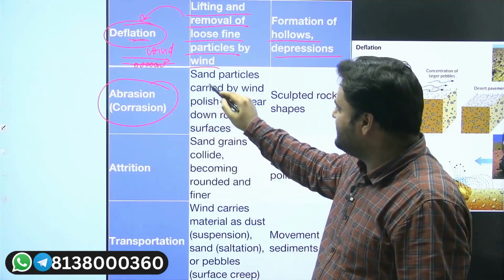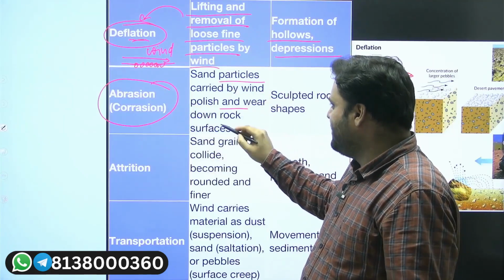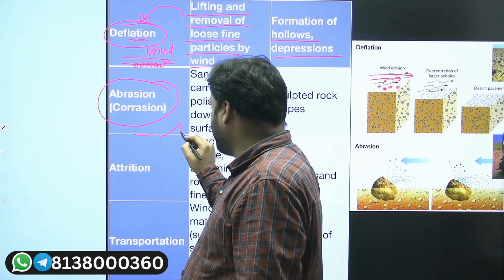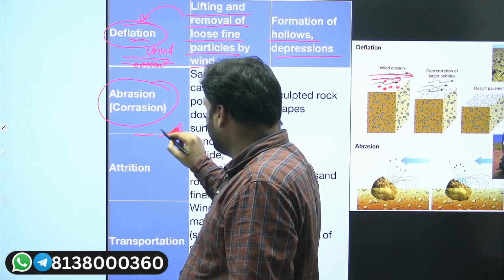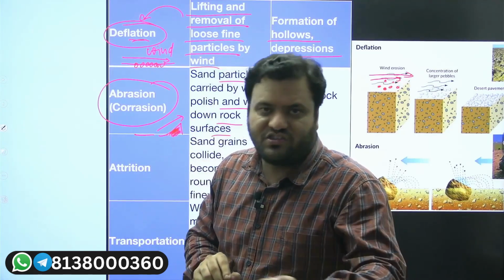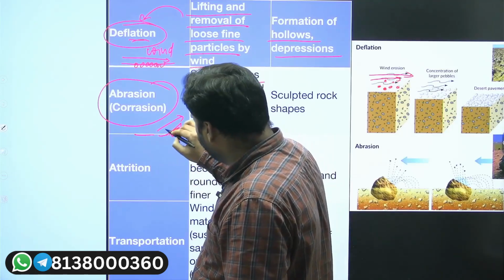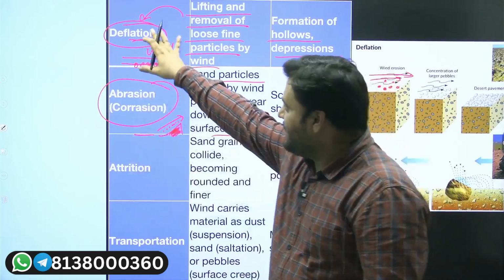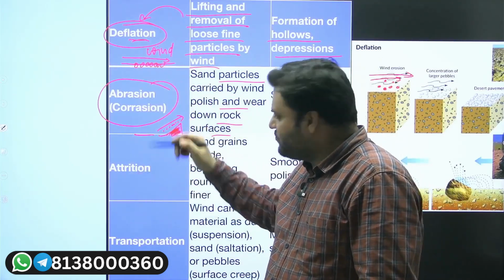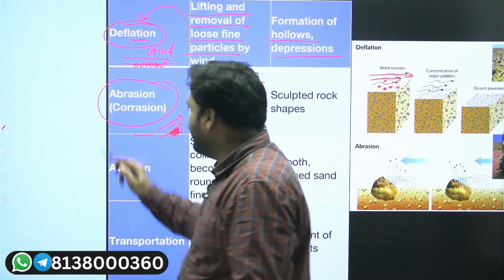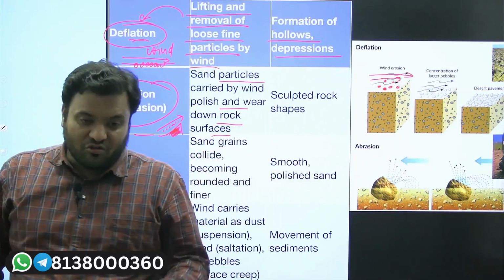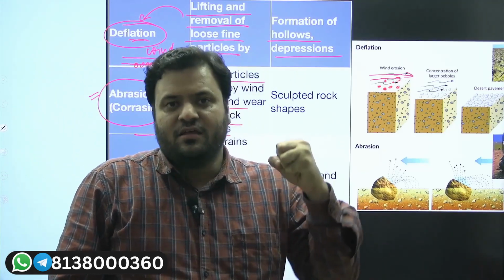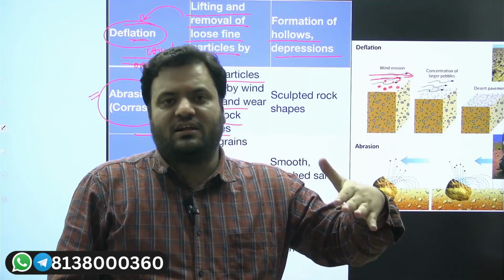Abrasion means that the sand particles carried by wind polish and wear down the rock surfaces. Suppose we have a rock. The wind will cause removal of rock, and the particles which are deflated will also cause removal. Both the medium, that is the wind, and the loose material in the wind cause removal at the slope or surface.